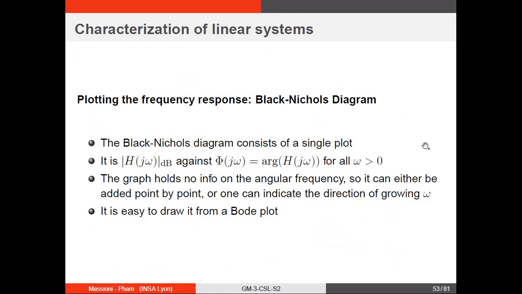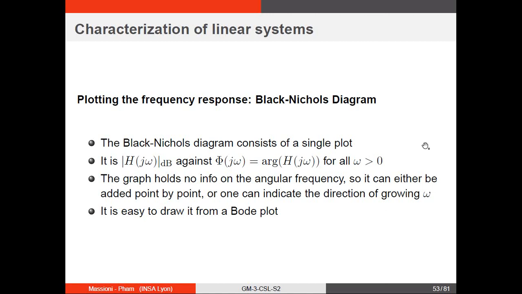There is another kind of diagram which we might like to use besides the Bode diagram. It is the Black-Nichols diagram, or also Nichols diagram. And the Nichols diagram is practical because it features a single plot. The Bode diagram is two plots. If you get rid of omega, basically you get a single plot. So you just plot the phase against the modulus, or vice versa if you wish.